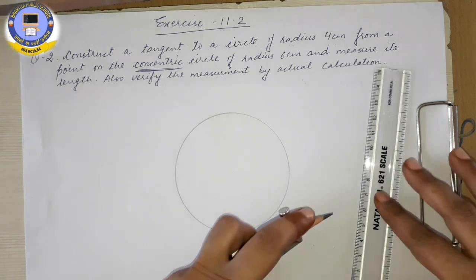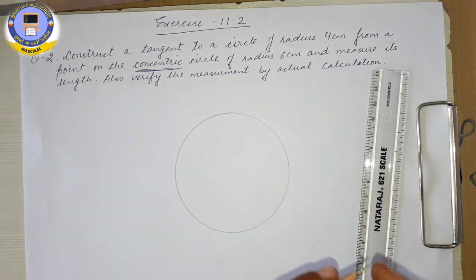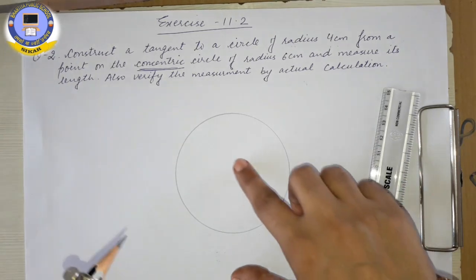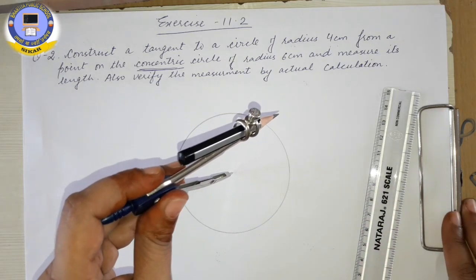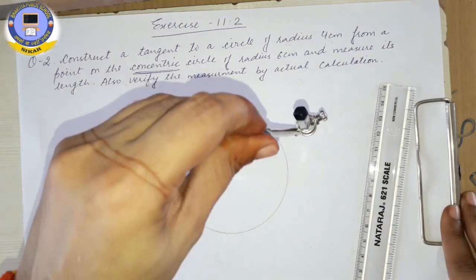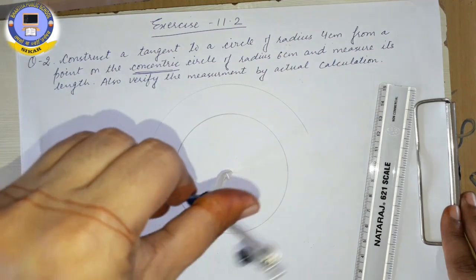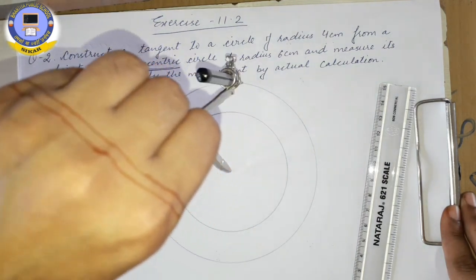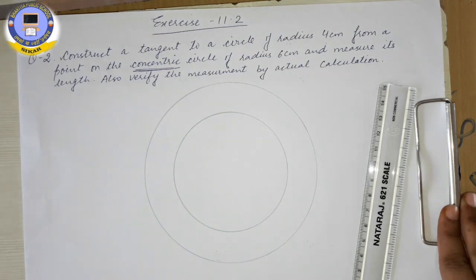Open your compass up to 6 centimeter and draw the concentric circle. That means the center should be the same. So the first step is to draw a circle of radius 4 centimeter and the second step is to draw a concentric circle of radius 6 centimeter.